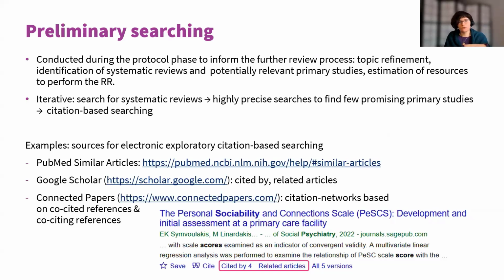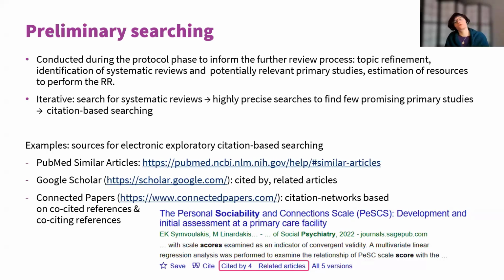They are useful for topic refinement, for identification of existing systematic reviews, so maybe a rapid review is not even necessary, and to identify potentially relevant primary studies, and also estimate the resources that will be necessary to perform the rapid review.